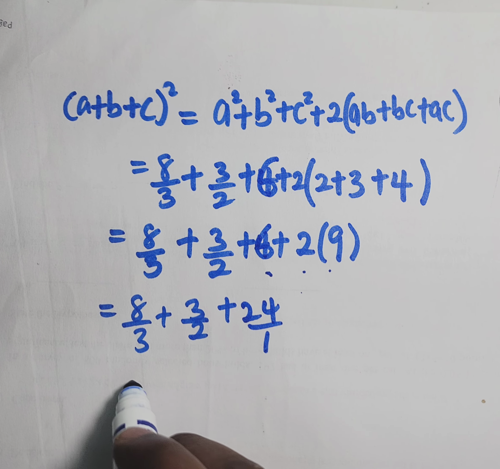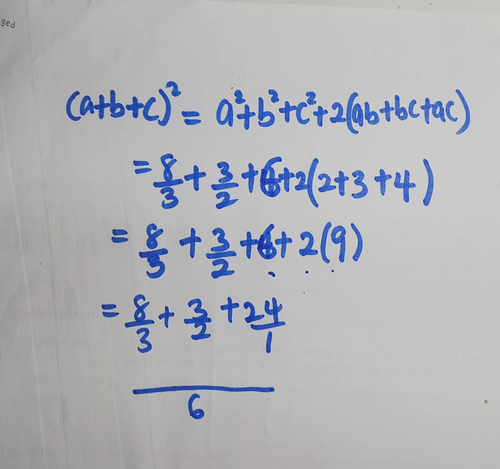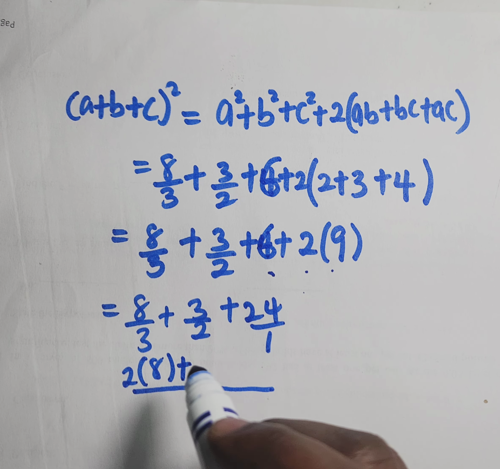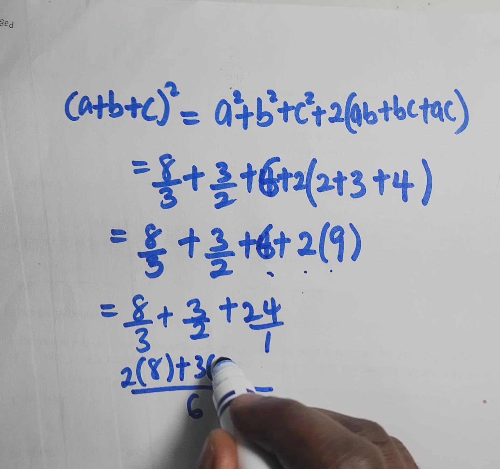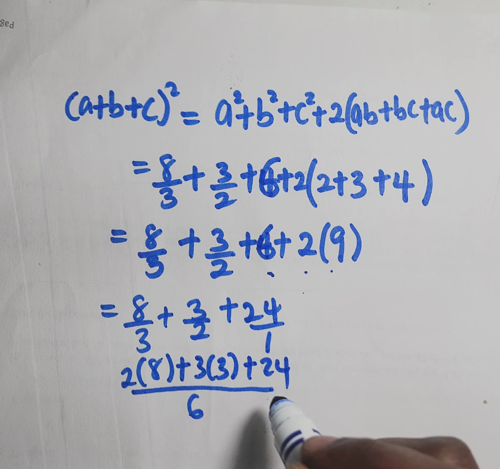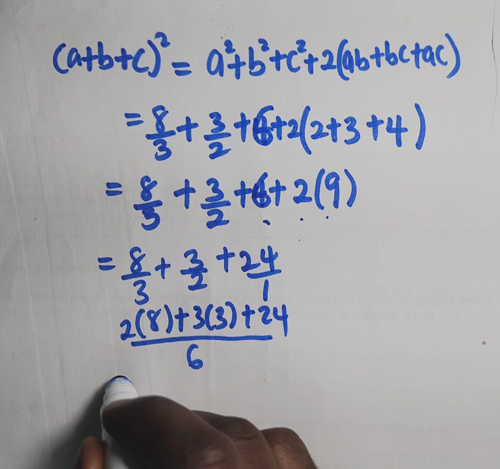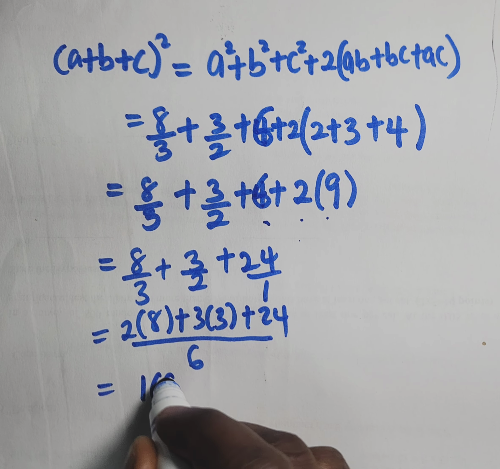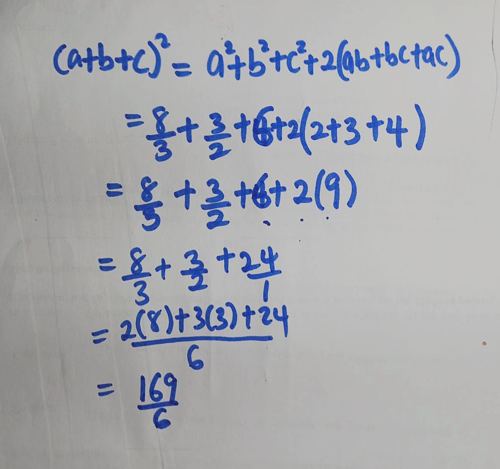So the LCM here is 6. 3 in 6 is 2, multiplied by 8, plus 2 in 6 is 3, multiplied by 3, plus 24. If you solve this numerator here, we're going to have 169 over 6.